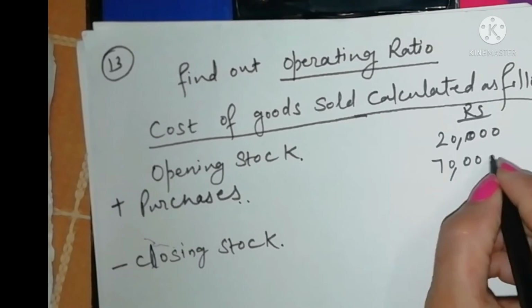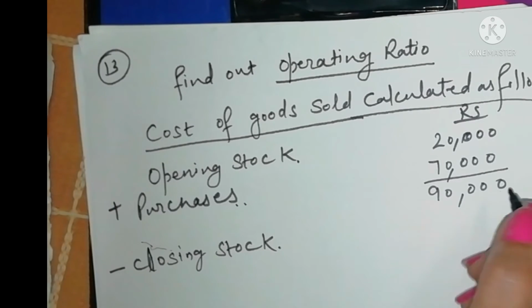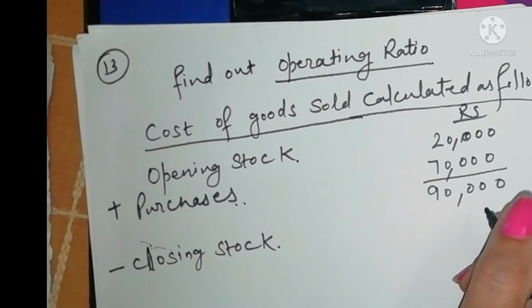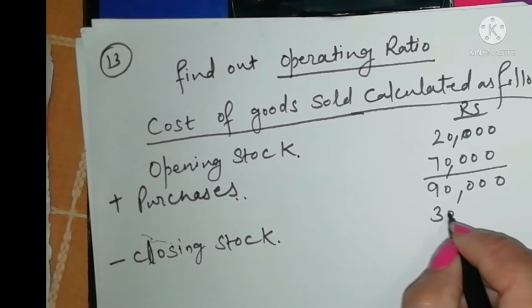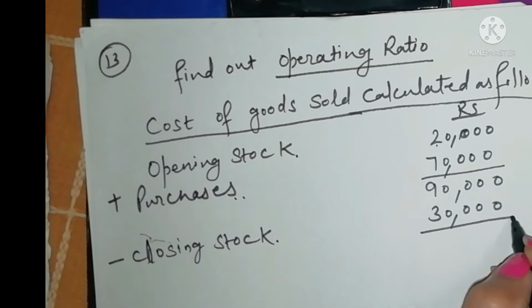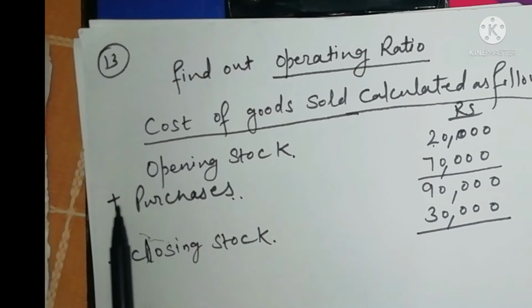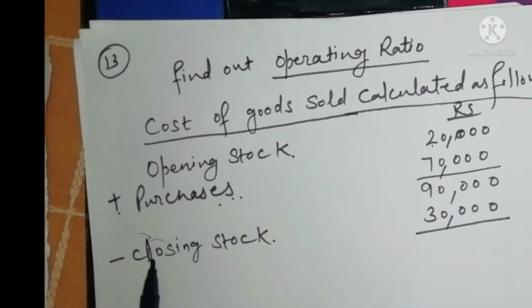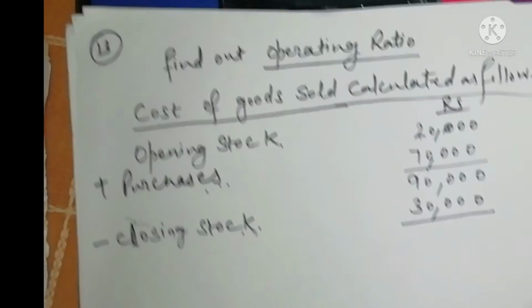So opening stock value and purchases value of 70,000 are added up, and we subtract the closing stock value. Closing stock value is rupees 30,000 as given, and after subtraction we get rupees 60,000. That is the value of cost of goods sold.